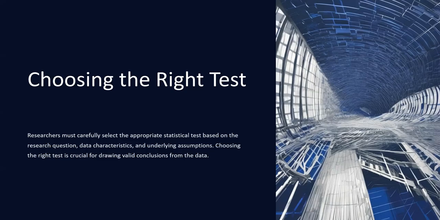And then choosing the right test. Any test you can perform in your SPSS software, but the thing is whether it is the right test or not. First of all, ask yourself why you do this test, why not any other test.